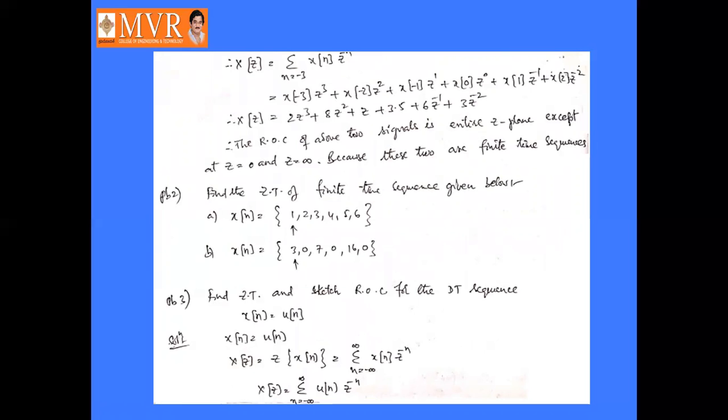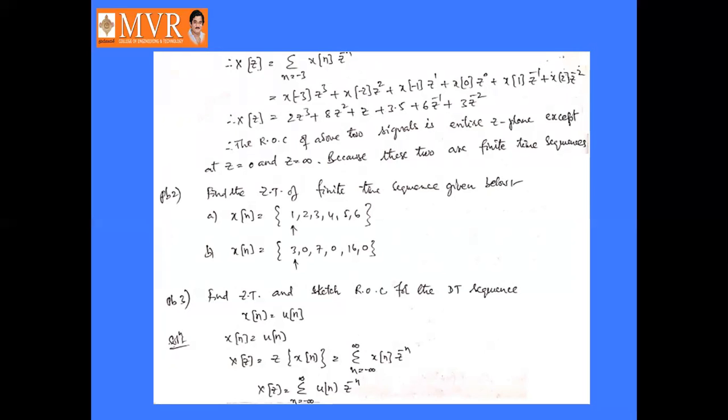So it is 2 into Z power 3 plus 8 into Z square plus Z, then 1 into Z power 0, that is 1, so 3.5 into 1, that is 3.5, plus 6 into Z power minus 1 plus 3 into Z power minus 2. So therefore, ROC of the above two signals is the entire Z plane except at Z equal to 0 and Z equal to infinity. So it is in between 0 and infinity because these two are finite time sequences.